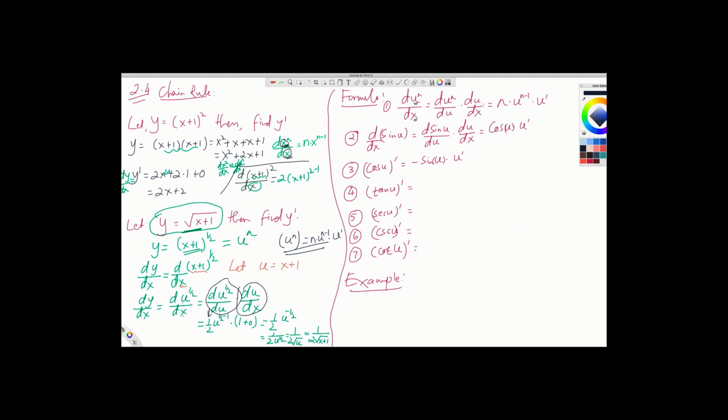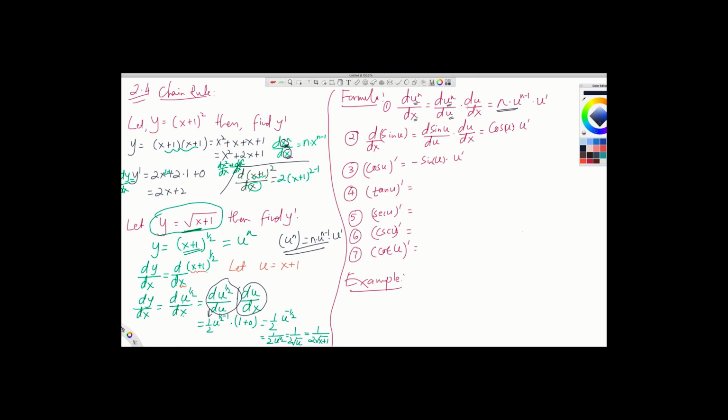Okay, so what is the formula there? The first one has a formula, because you can use the power rule here, u to the n and then u. They match here, so you can use the power rule. When they match, you can use n u to the n minus 1 times u prime, the derivative of u with respect to x.